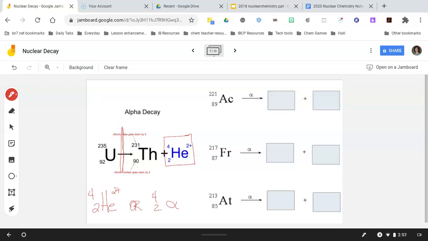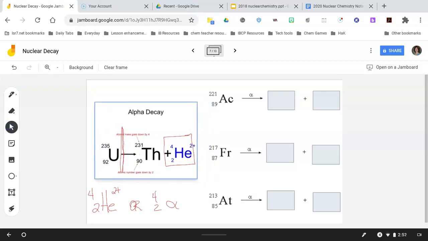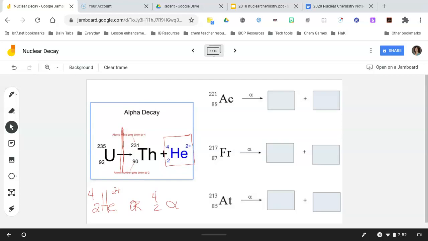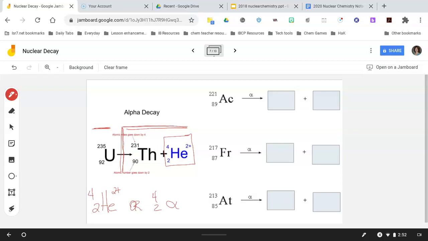On the left-hand side, this is where I start, and on the right-hand side is going to be the ending. So we've got reactants essentially on the left, products on the right.